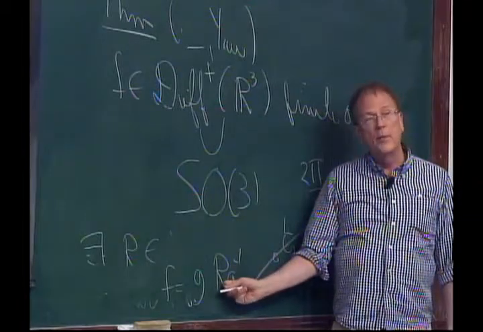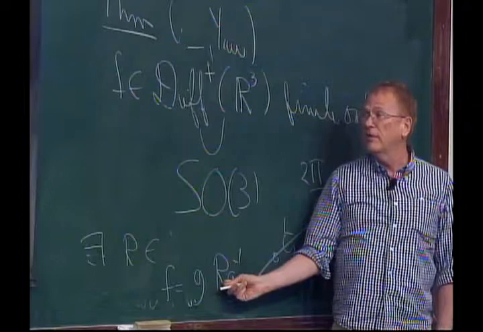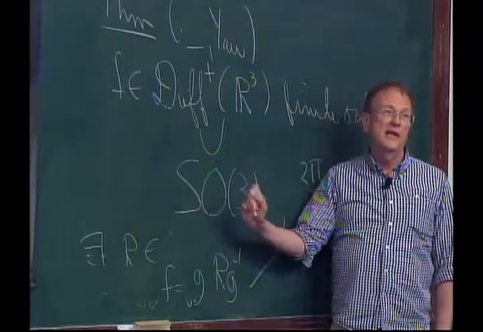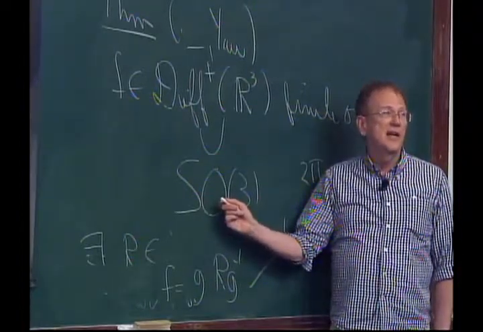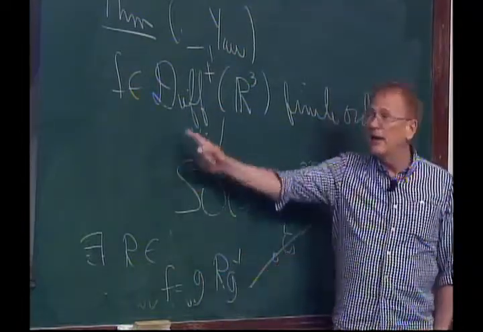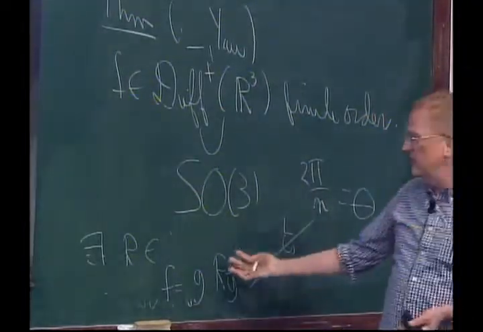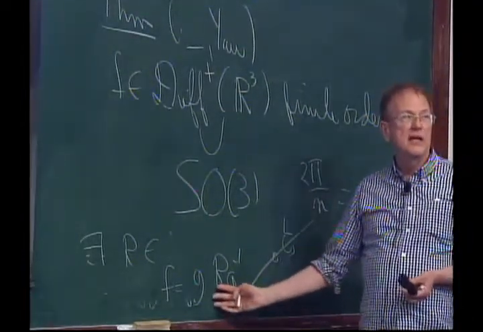So it says that the way I get all finite order orientation preserving diffeomorphisms of R3 is by conjugating a rotation around a straight line. If you're willing to change coordinates, that's G, every finite order diffeomorphism is linear in those coordinates. Conjugation just means re-looking at the space you're in.